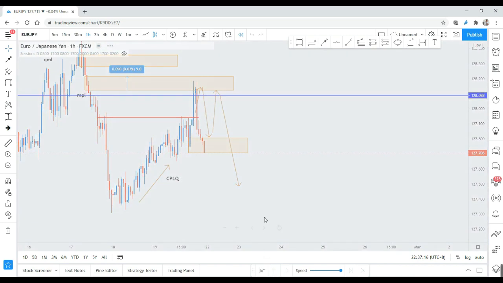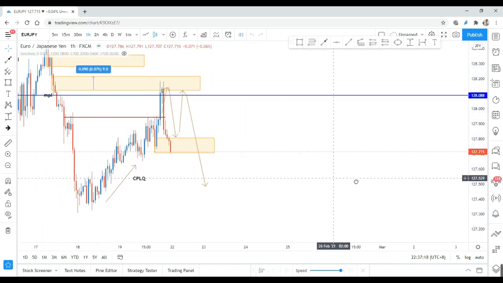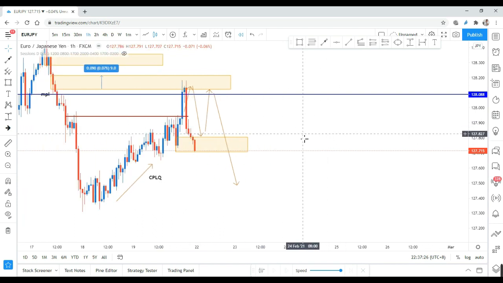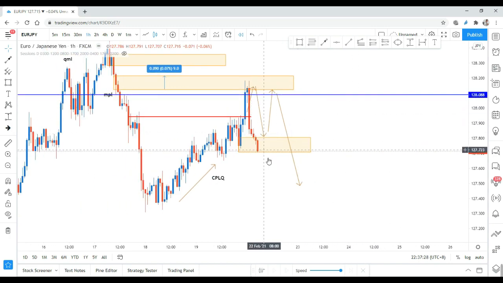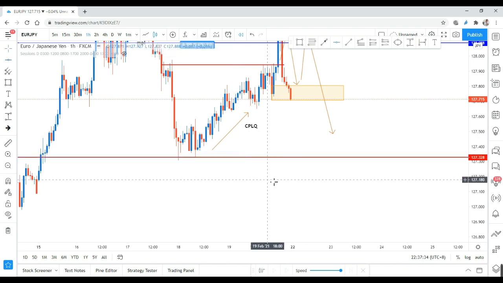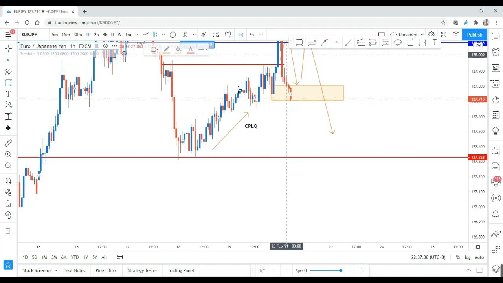The price did not react much. It was making a small candle over here. Will it go down all the way to this low, or maybe to this other low?